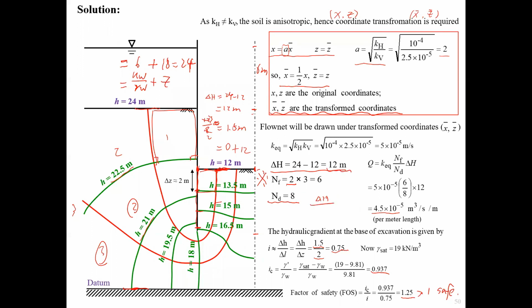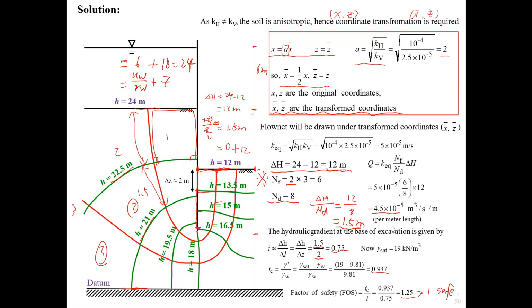Delta H divided by ND, that will be 12 divided by 8. That's 1.5. That means there's a head drop of 1.5 between any two equipotential lines. So the difference will be 1.5 between this one and this one, and 1.5 between this one and this one. So if you use 24 minus 1.5, you get a value of 22.5. Okay, thank you.